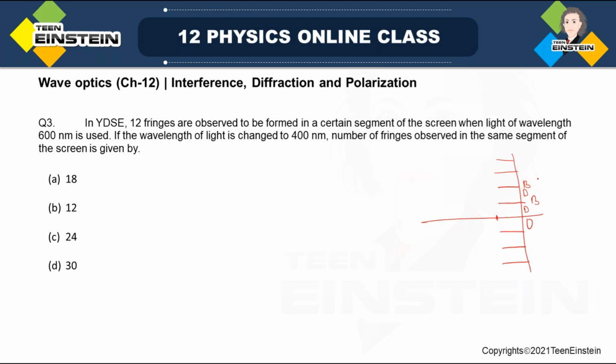And you know, the fringe width is denoted by beta.